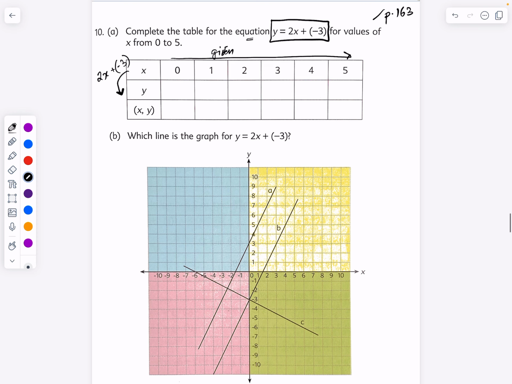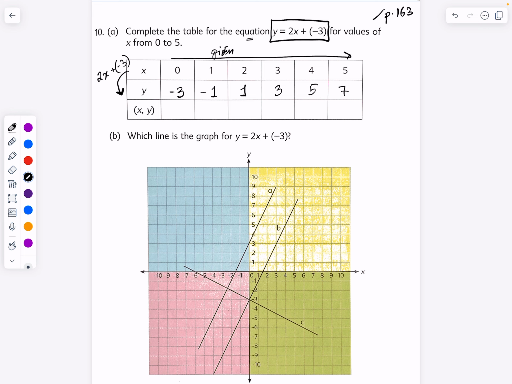Okay, so 0 times 2 is 0 minus 3. 1 times 2 is 2 minus 3 is minus 1. 2 times 2 is 4 minus 3 is positive 1. 3 times 2 is 6 minus 3 is 3. 4 times 2 is 8 minus 3 is 5, and 10 minus 3 is 7.